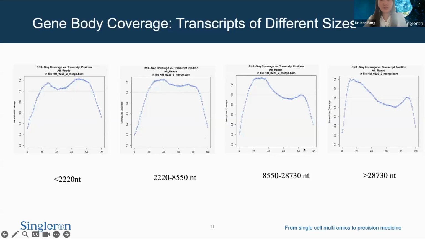And we start to see a little bit more enrichment on the 5' end with much longer transcripts, like once they are longer than 8,550 or 28,730. But still, in general, even with those super long transcripts, we still get relatively good coverage across the whole gene body. It's not that we suddenly stop seeing certain positions on those genes.